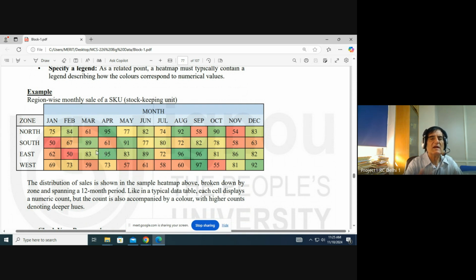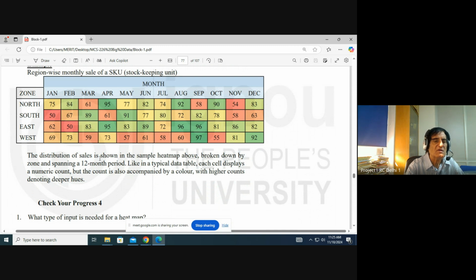You can easily see the thing because color makes it more conspicuous, so that you can see it very clearly. Right? Heat map above broken down by zone and spanning a 12-month period like in a typical data table. Each cell displays a numeric count, but the count is also accompanied by color, with higher counts denoting deeper hues.